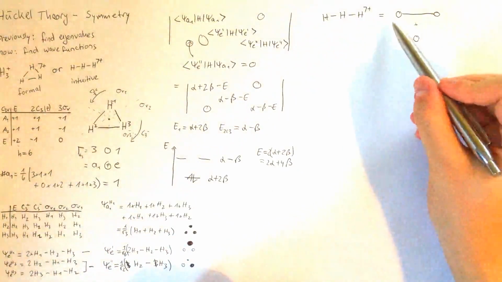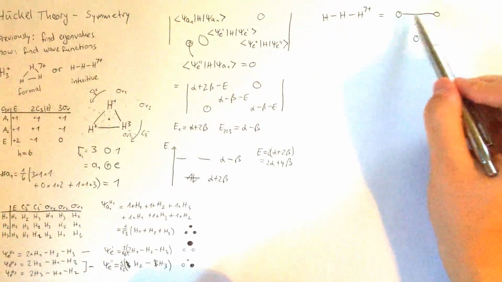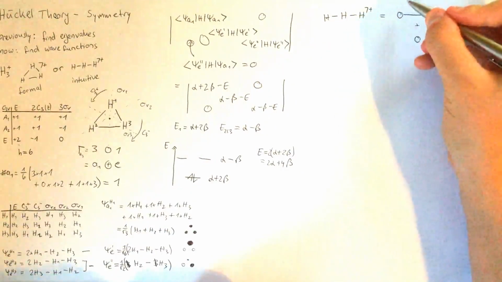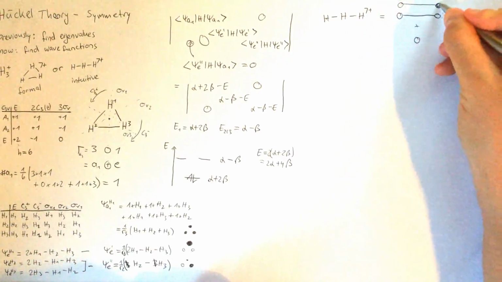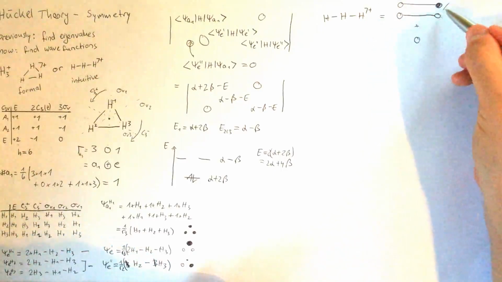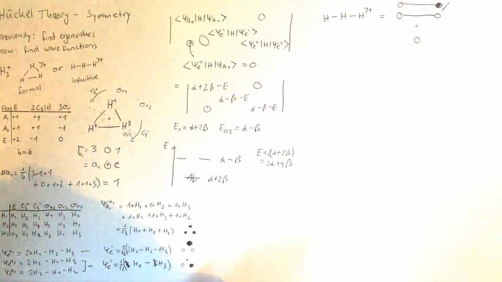And for the exterior ones, since it's just two orbitals, they can either be in phase like here, or they could be out of phase like this. So these are two options. We either have them to be out of phase or in phase.